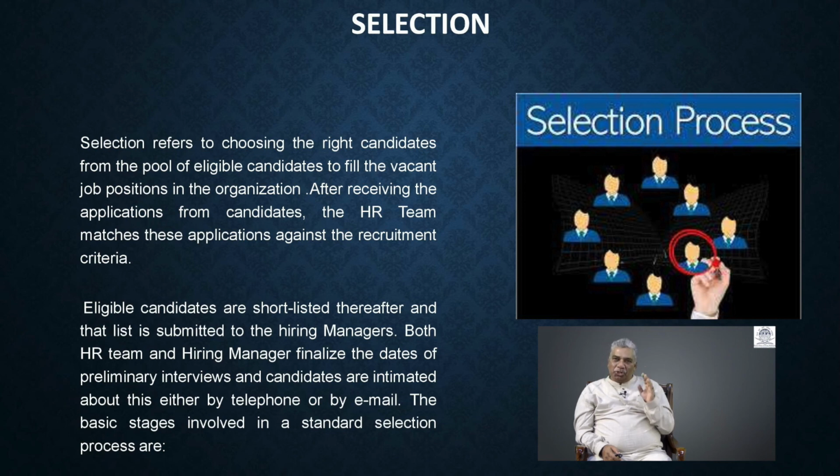Out of 10 you shortlist 3 or 5 applicants and call them for an interview, and out of 5 you may select only 1, and that one will be the most appropriate one.